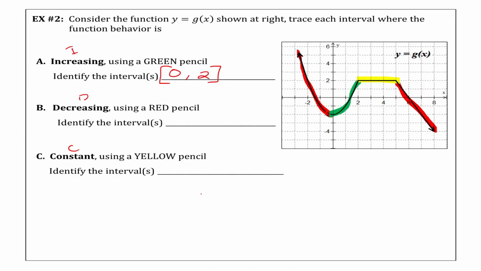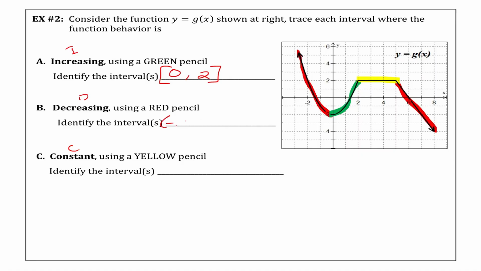Okay. When we're writing intervals of increase, we're going to use brackets. When you're describing increase, decrease, and constant, you're going to always use brackets, unless there's a set point that's like, no, I'm not here. I'm a ghost. We have two intervals of decrease. So our first one is from negative infinity all the way up until 0.